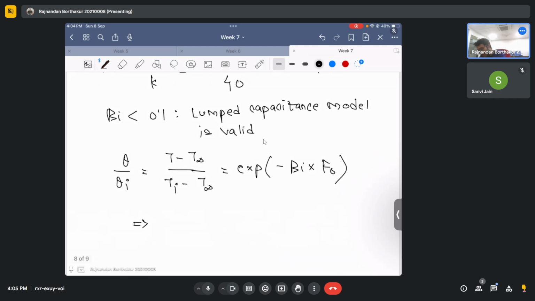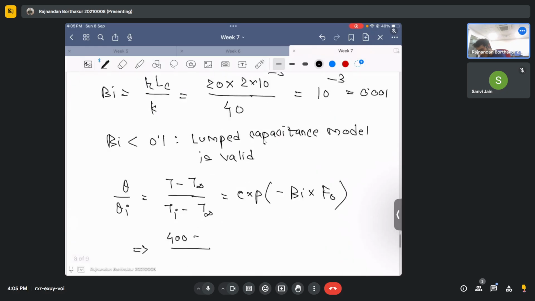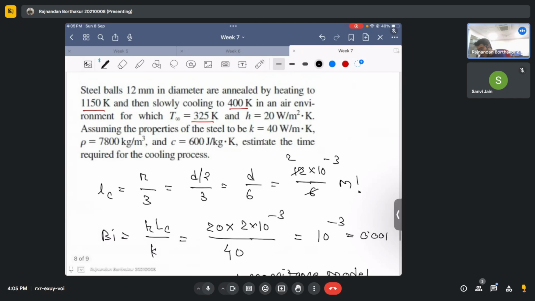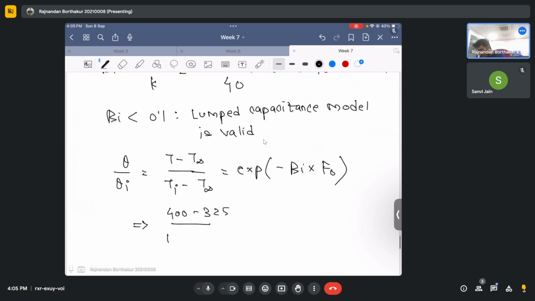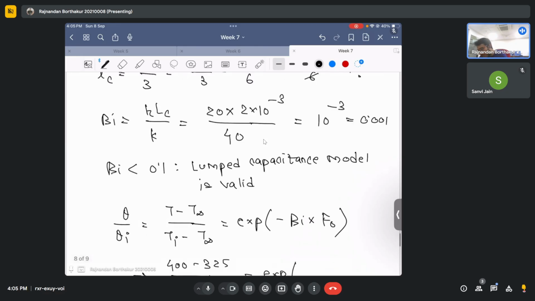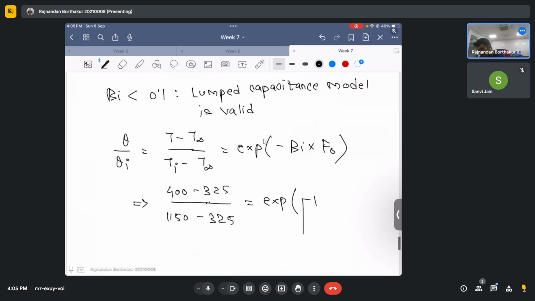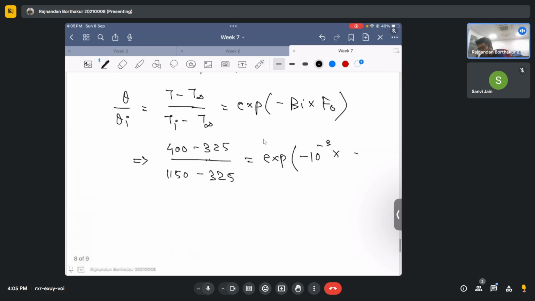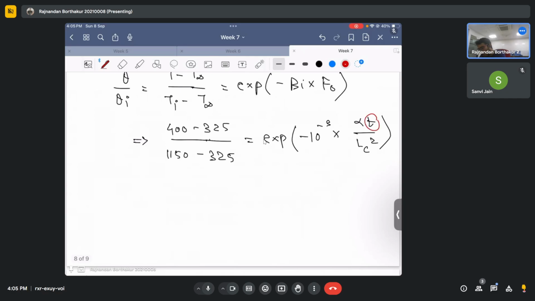So this is 400 minus T infinity, 325, divided by T_i, the initial temperature 1150, minus T infinity, 325, equal to exponent of minus 10 to the power minus 3 multiplied by the Fourier number, which is alpha t by LC squared. We just need to evaluate this time t.